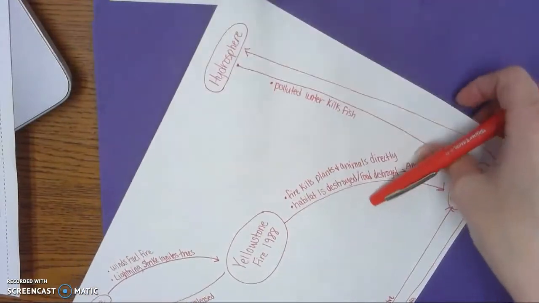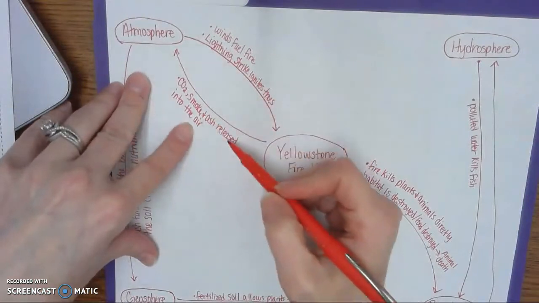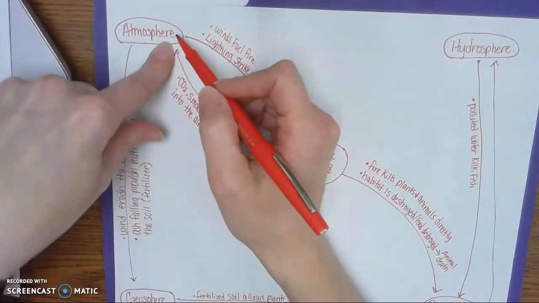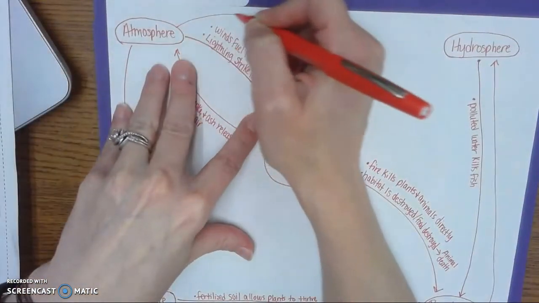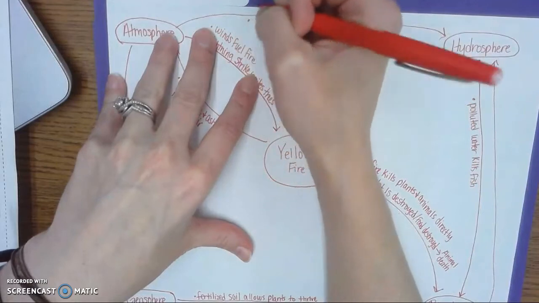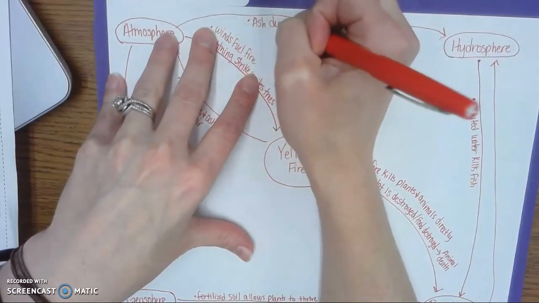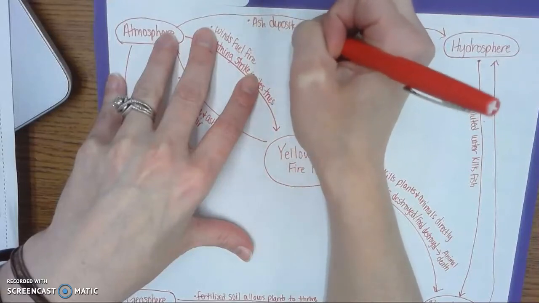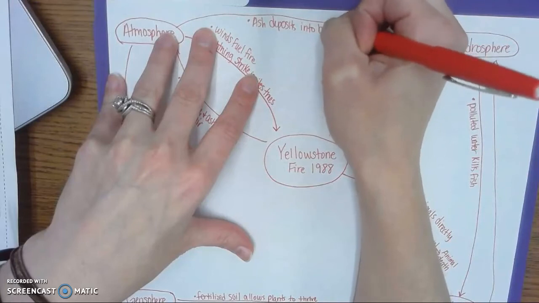All right, now let's also talk about that atmosphere that had ash in the air. That ash in the air is not only going to deposit straight into the land, but it's also going to deposit into your waters. So now you're going to get ash deposits into bodies of water.